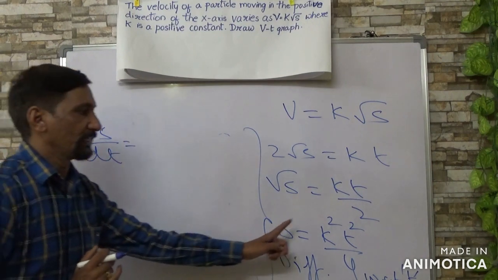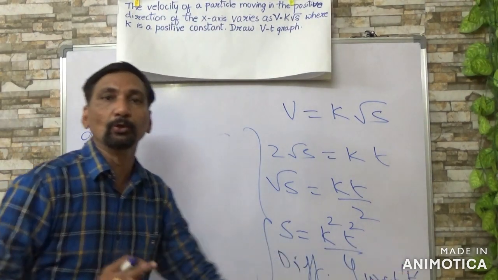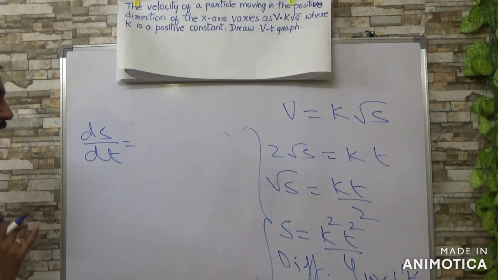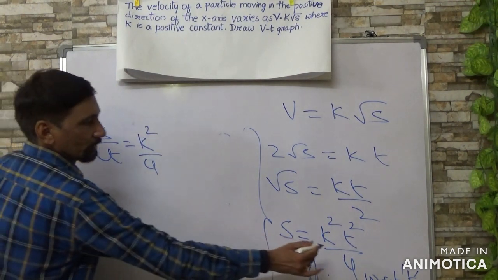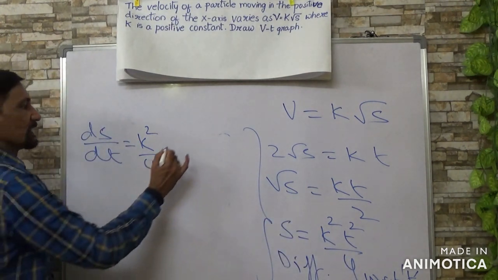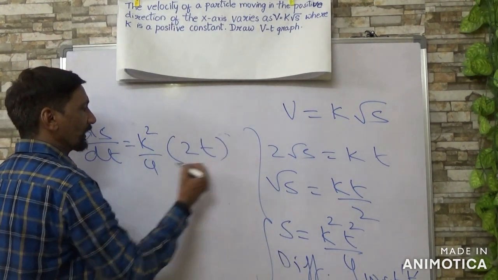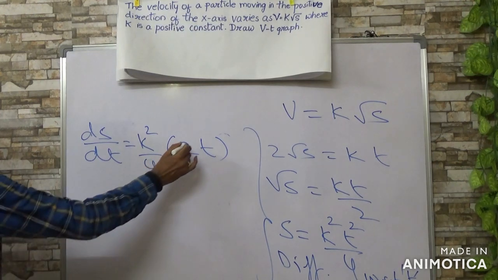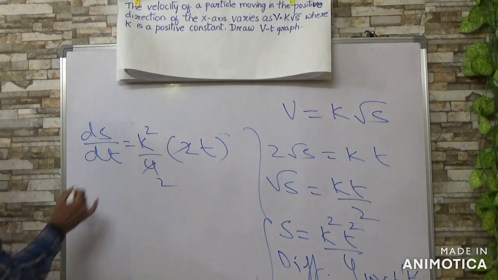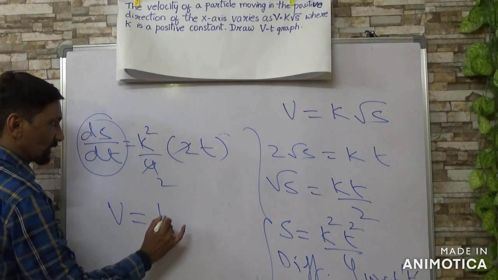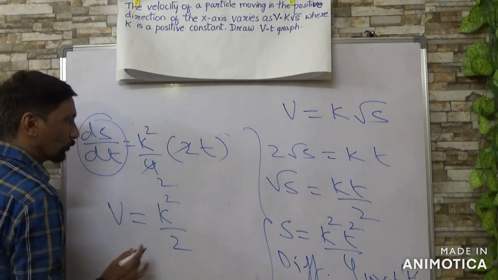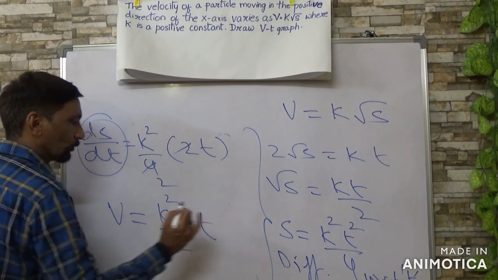You are differentiating this equation with respect to time. So k square as it is, now by 4, differentiation of t square is 2t, right? So this divides 2 times now, and ds by dt gives velocity. So velocity equal to k square by 2 into t.